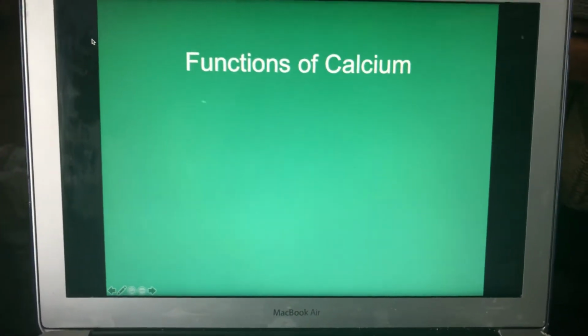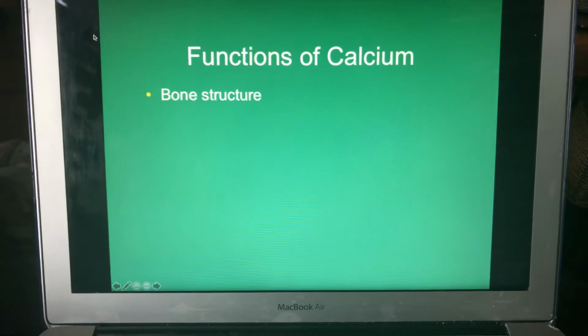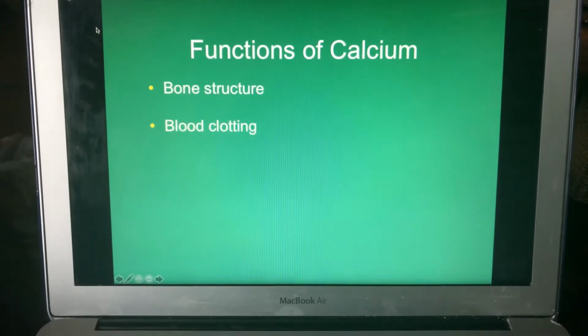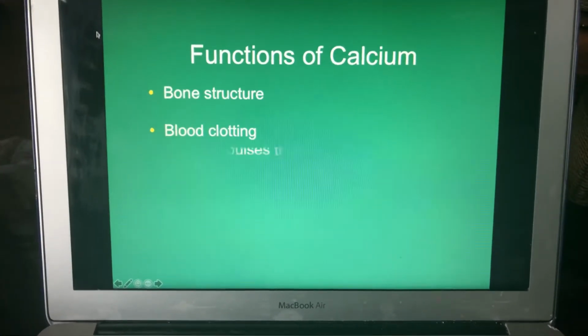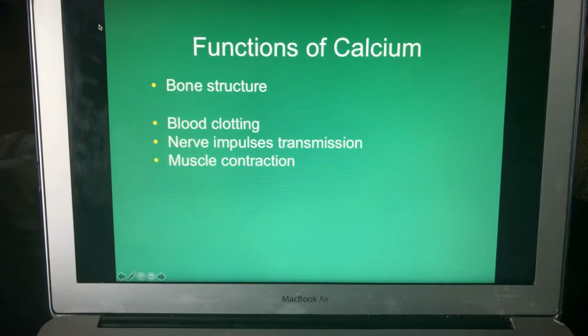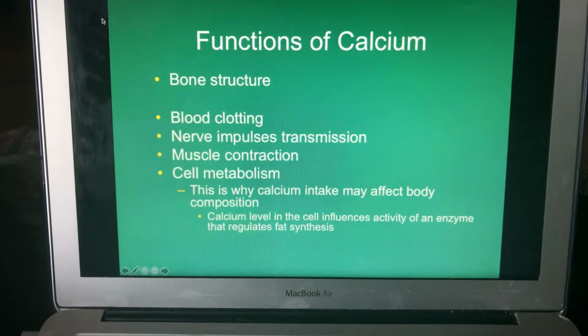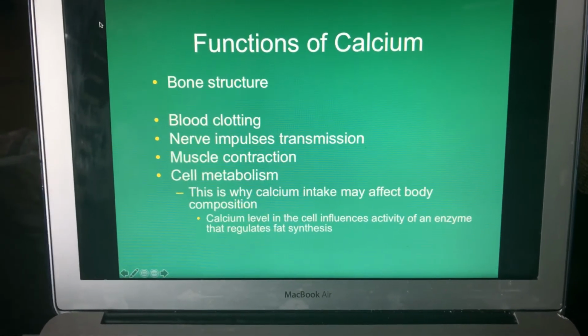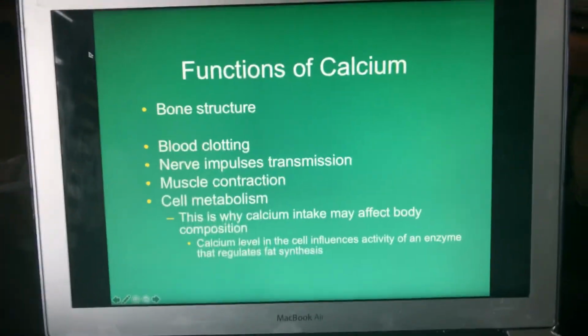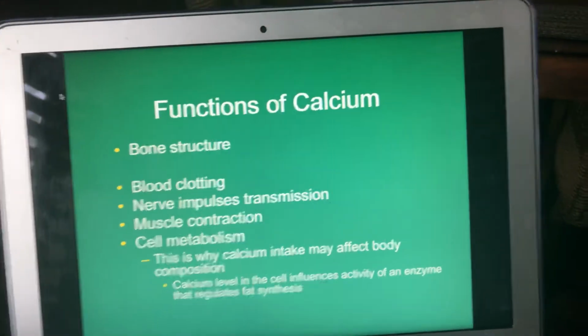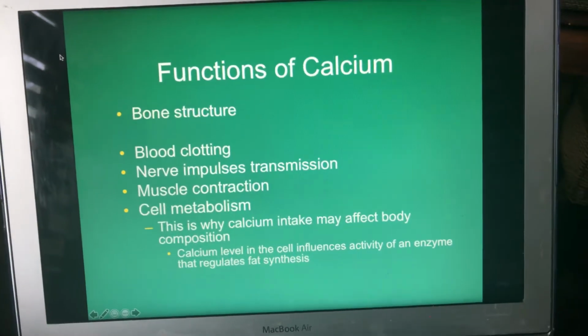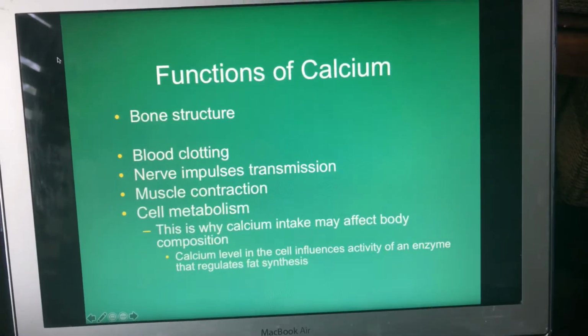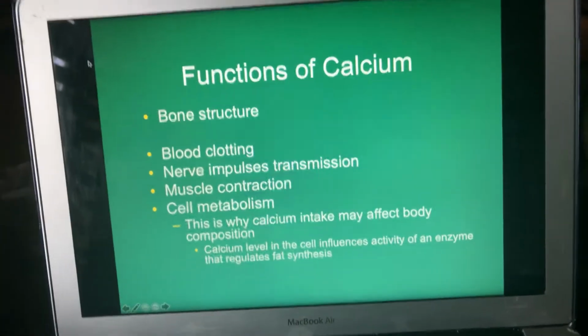The functions of calcium provide structure for bones, the mineralization of bones. It's important for blood clotting, nerve impulse transmission, muscle contraction, and then cell metabolism. I did research in this years ago when they were talking about calcium may help reduce body fat, or dairy foods may help reduce body fat.